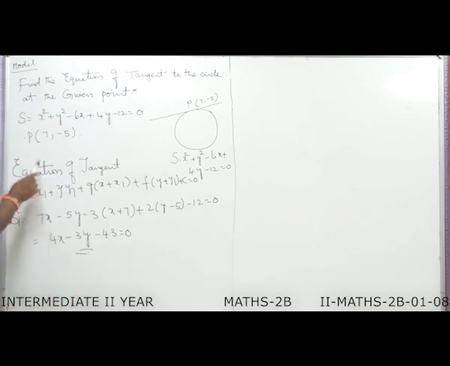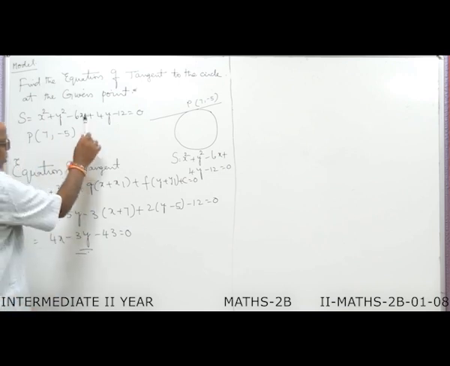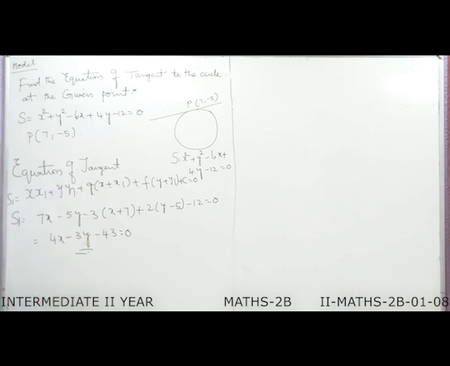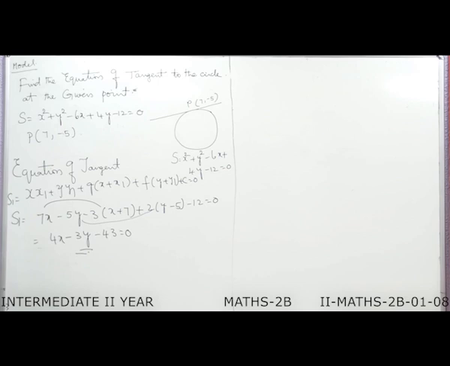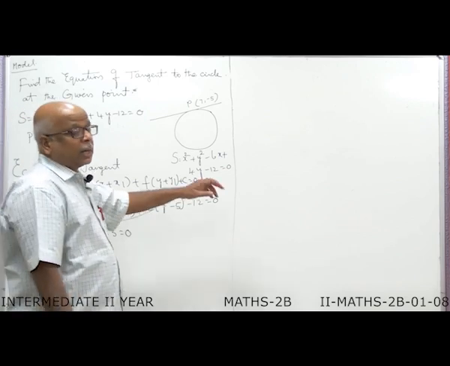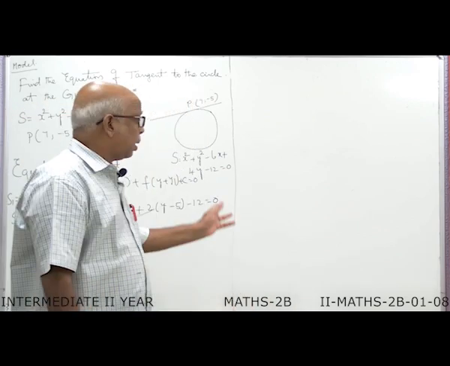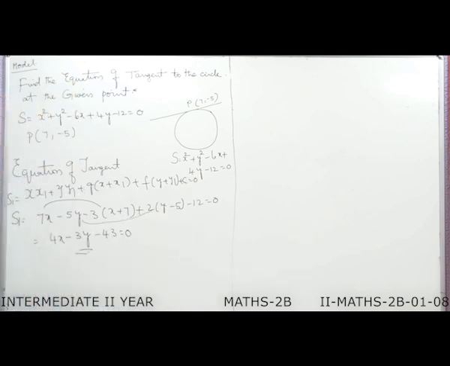Therefore, when substituting, 7x minus 5y minus 3 into x plus 7 plus 2 into y minus 5 minus 12 equal to 0. 4x minus 3y minus 43 equal to 0. That is the equation of tangent.